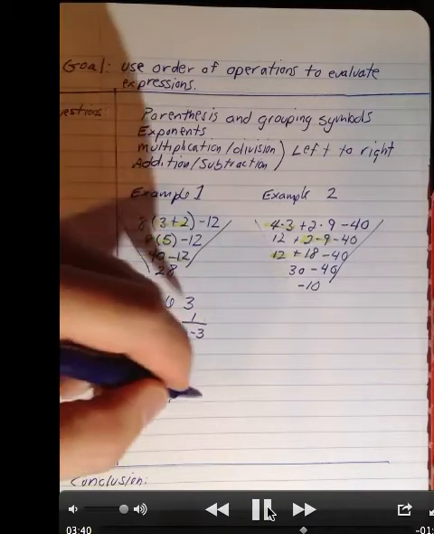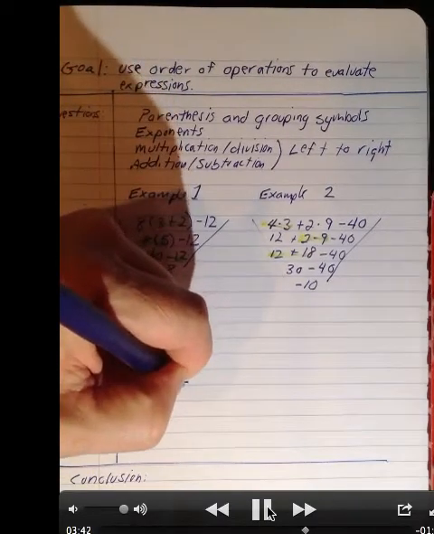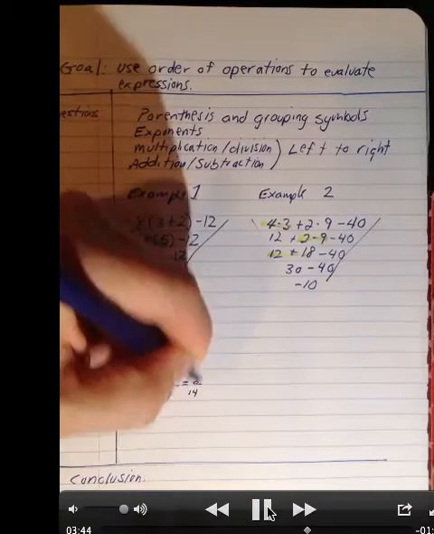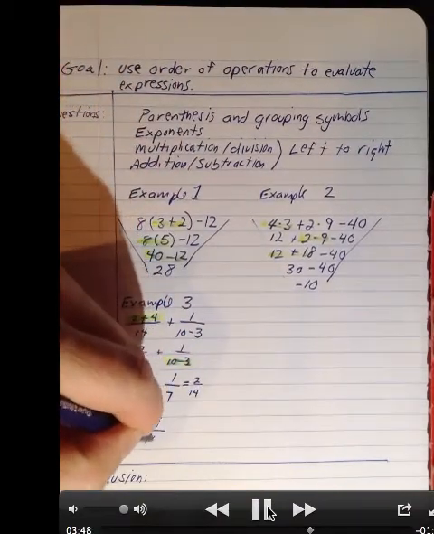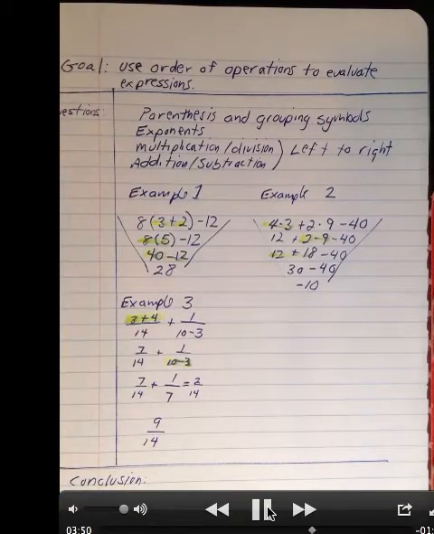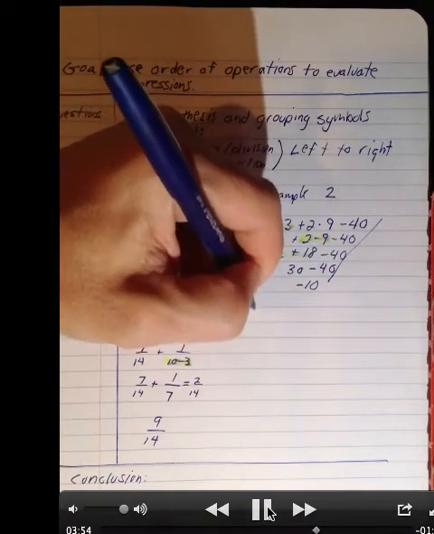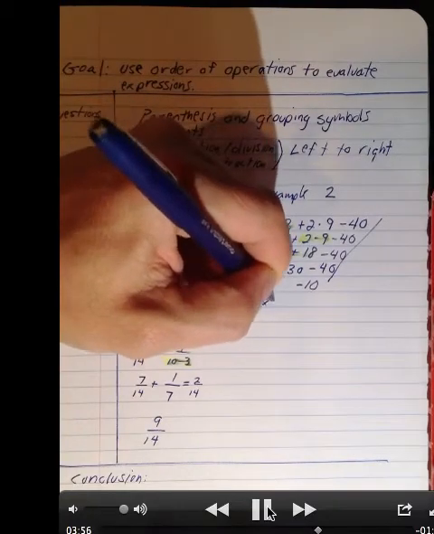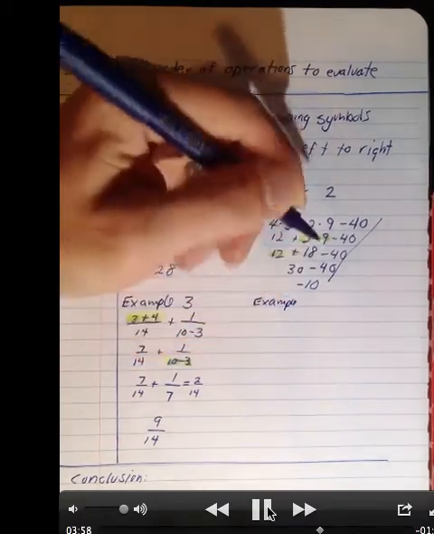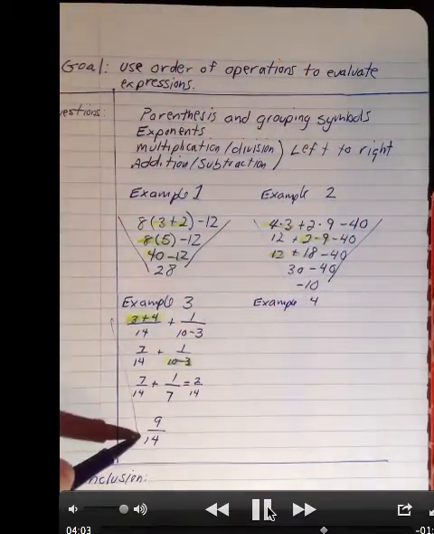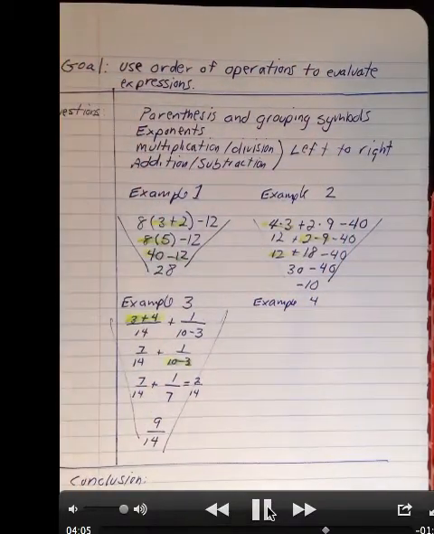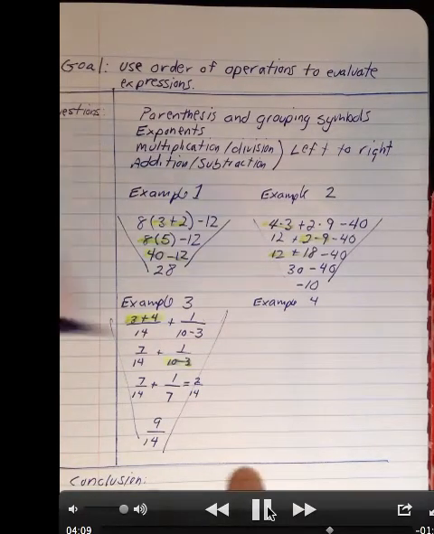You could put a question down the side about that, because that tends to be pretty confusing. So the answer to example 3 was a fraction, 9/14.